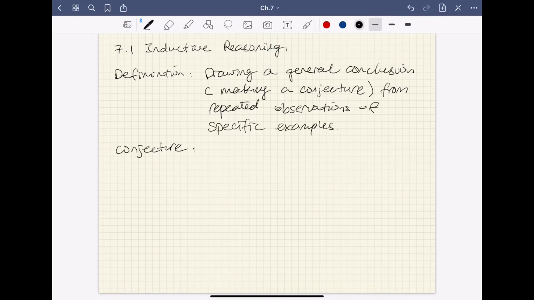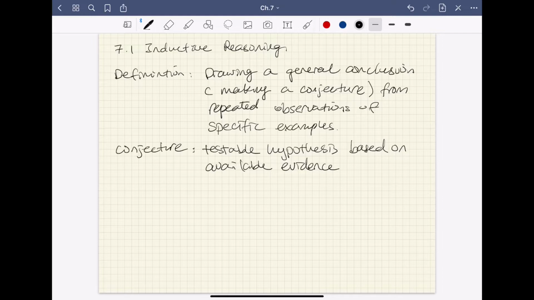So a conjecture is a testable hypothesis based on available evidence, not yet proven.